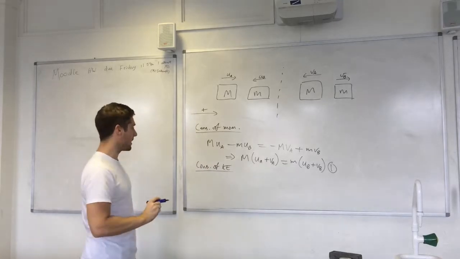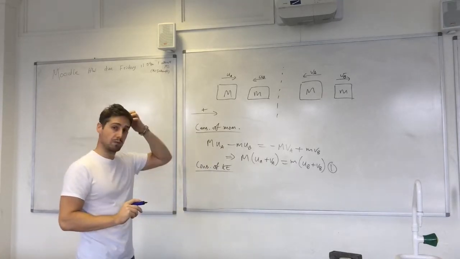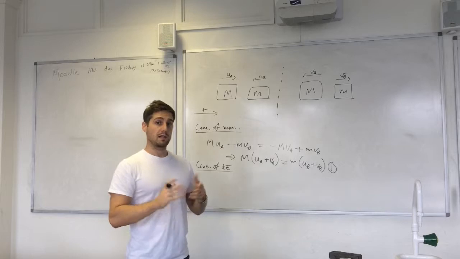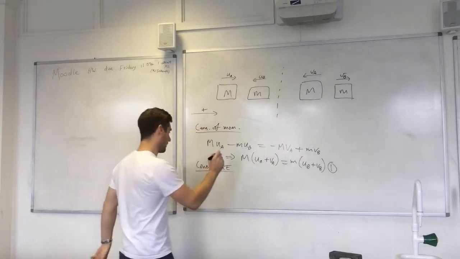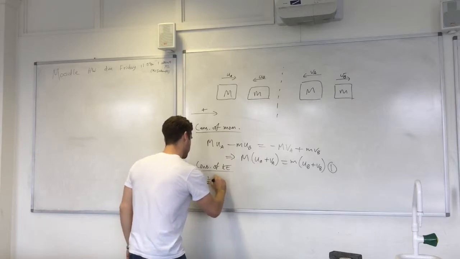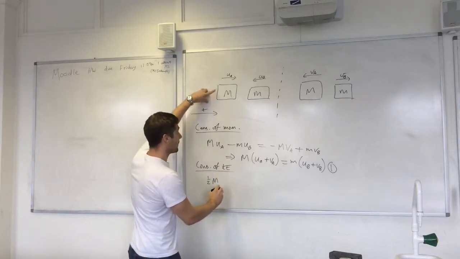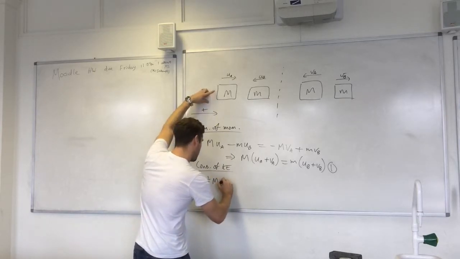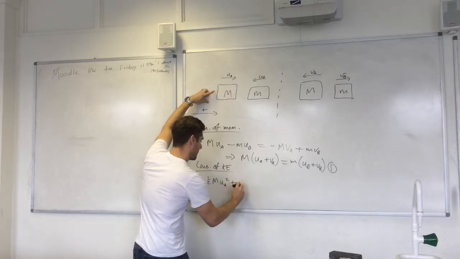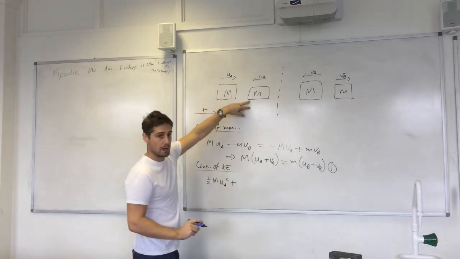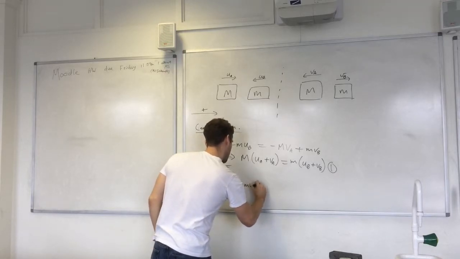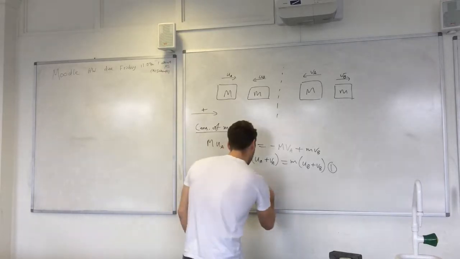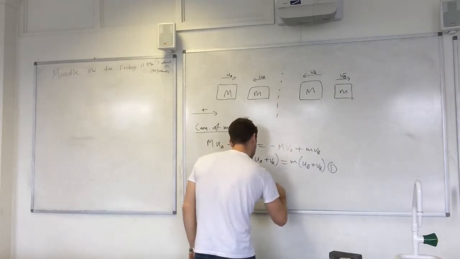Conservation of kinetic energy now, so similar principle, but here kinetic energy, a scalar quantity, is not affected by positive or negative, so that will be different. So firstly for this one, this is a half MUA squared plus a half mUB squared, and then I'll do the other two terms is equal to the final ones.